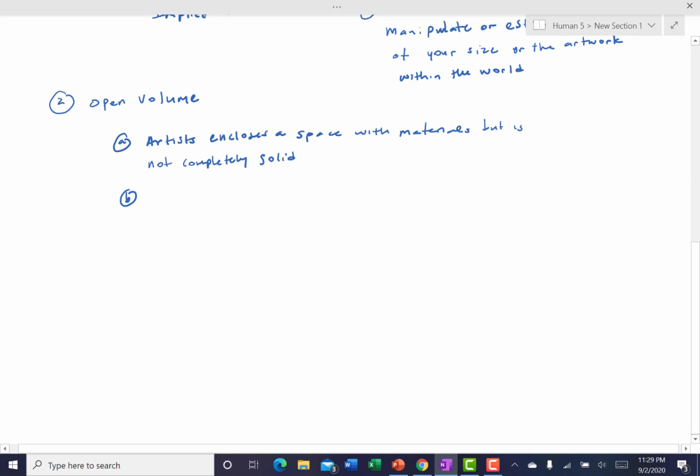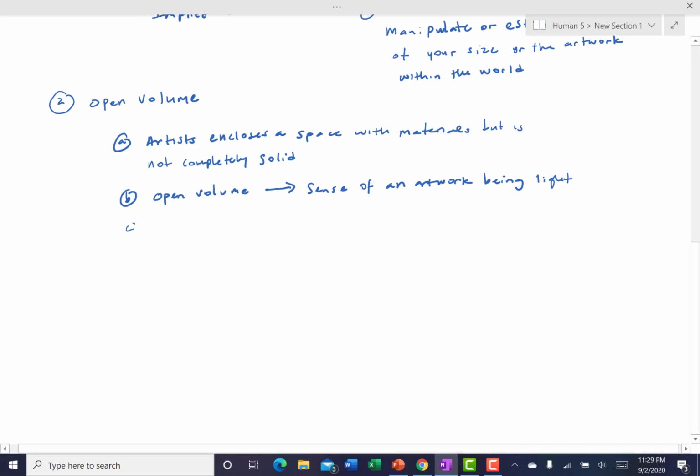And what this does is that open volume can give the sense of an artwork being light, even if it's not. So when you open something up, it can make it appear airy or like it's moving.